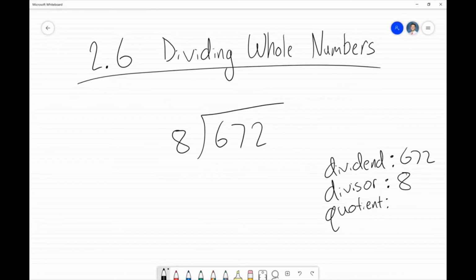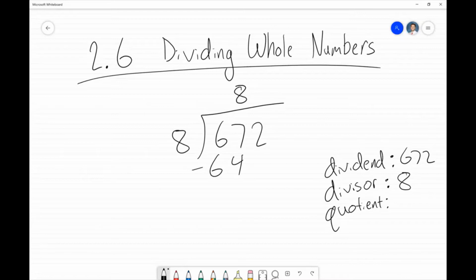How many times does 8 go into 67? Or how many groups of 8 go into 67? We would find that 8 goes into 67 8 times, because 8 times 8 is 64. So we can make 8 groups of 8 with 67.